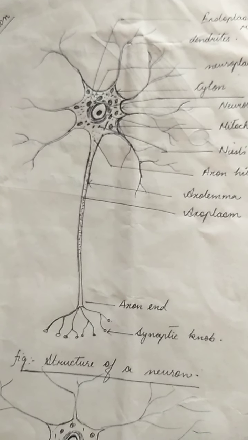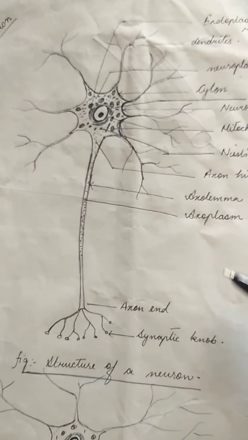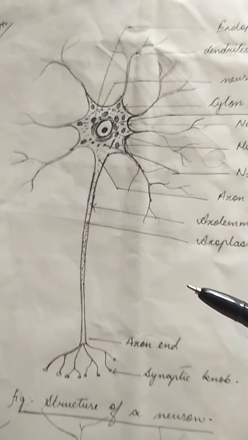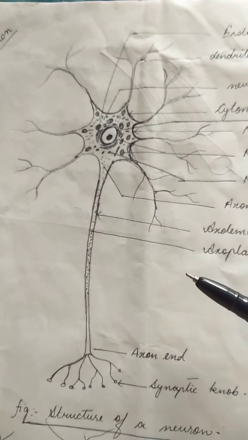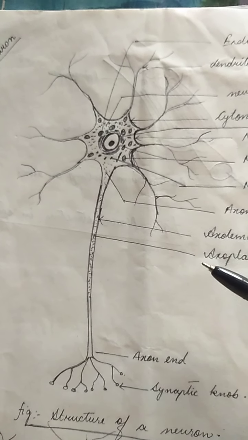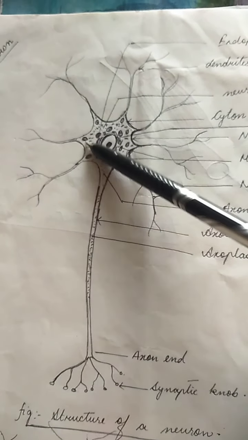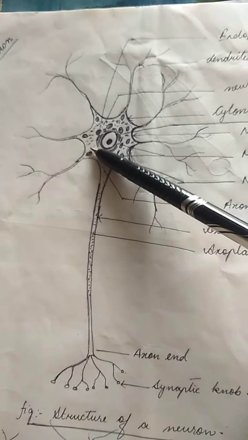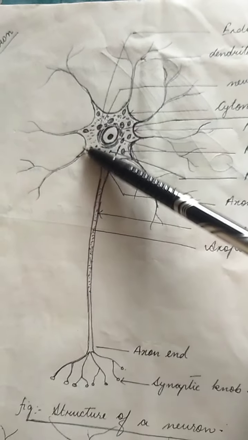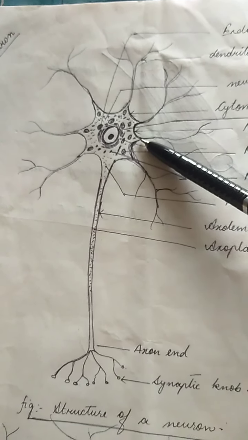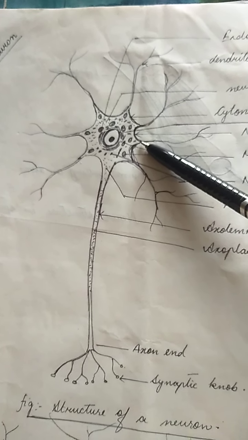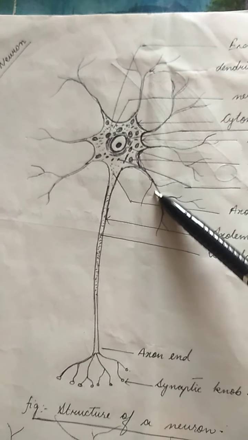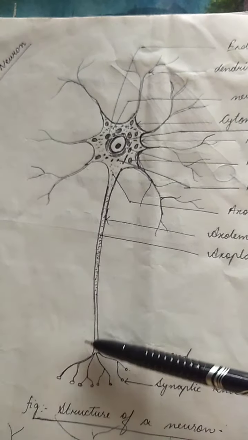Next, let us discuss the structure of a neuron. Here in the diagram, we can see that a neuron is formed of two parts. A circular part, not exactly circular, known as the cytone or the cell body, and nerve processes.